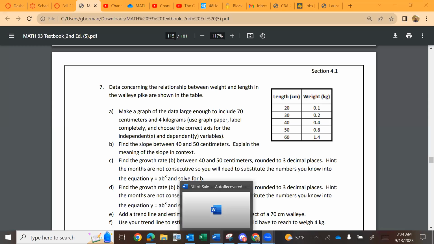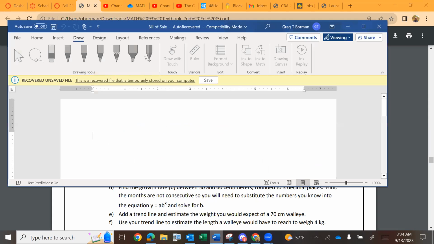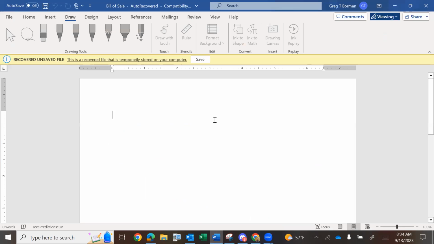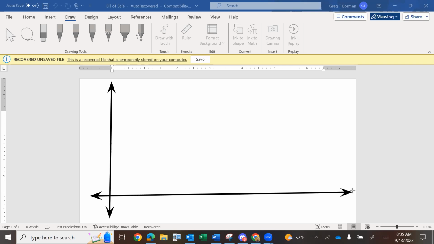I won't bother taking a picture. Wow, that's not the most level line, but whatever.